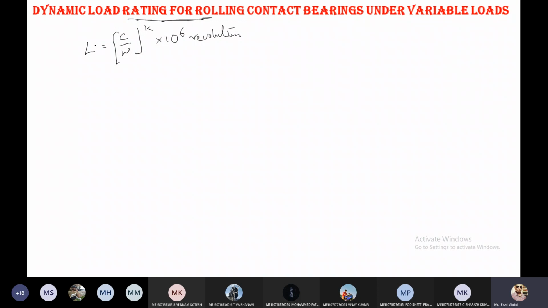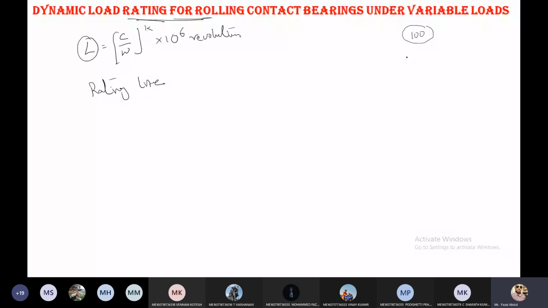Here the capital L represents the rating life. So what is rating life? Yesterday we discussed it. Suppose we have a lot of 100 bearings, either rolling contact bearings, ball bearings or roller bearings.